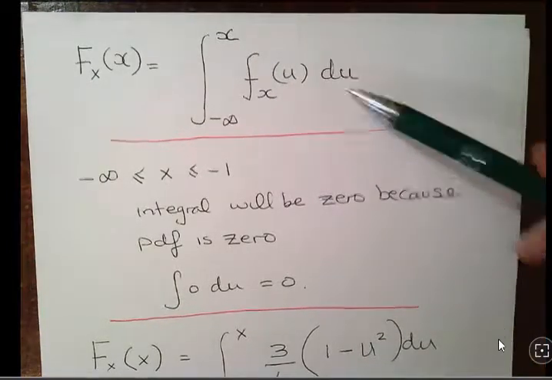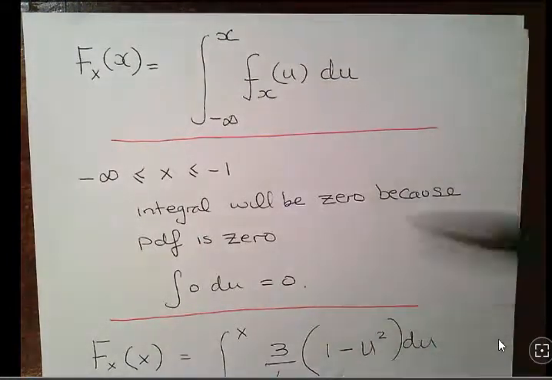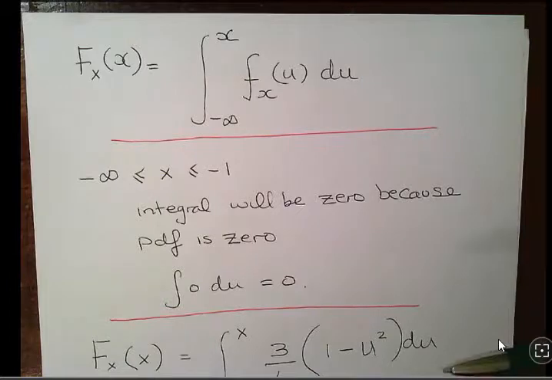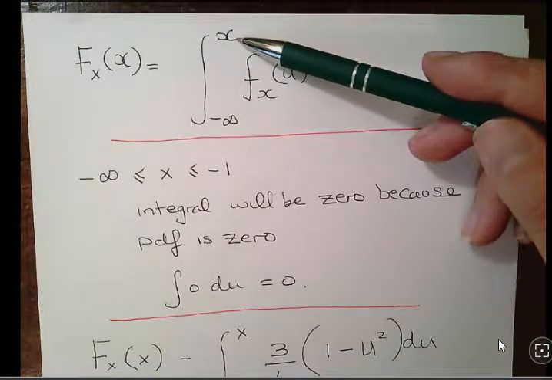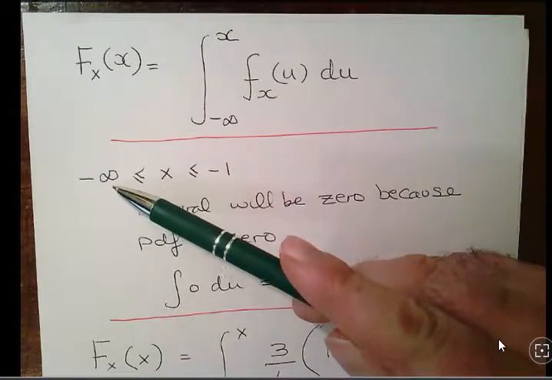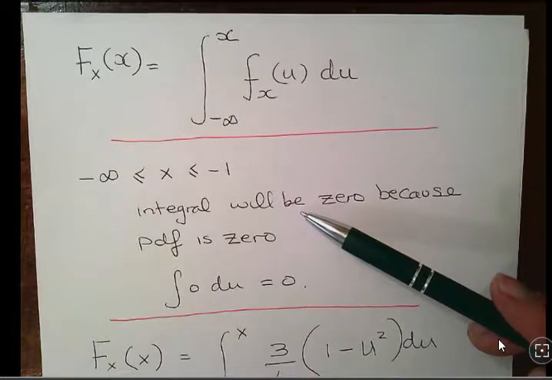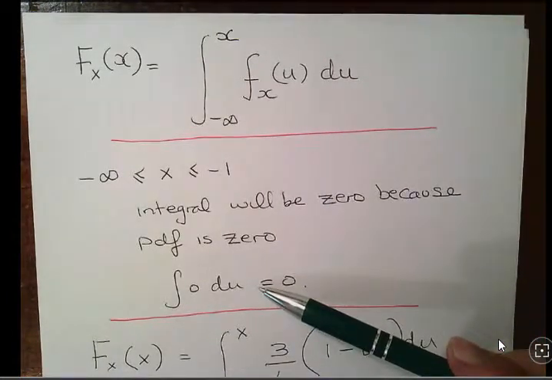Just remember that u is just some sort of temporary variable that we use, so it cancels itself out, and the answer will be left as x, which is what we want. Now, just as a remark, I actually said this before. Between minus infinity and minus 1, the integral would be 0 because the PDF is 0. If you integrate 0, you just get 0. So you just ignore that part there.